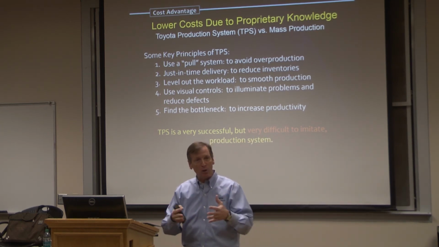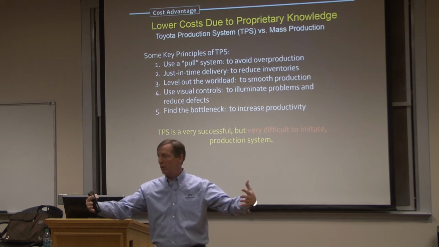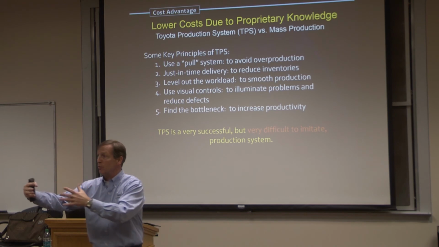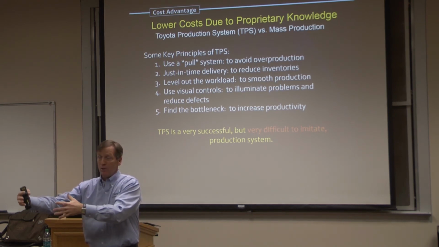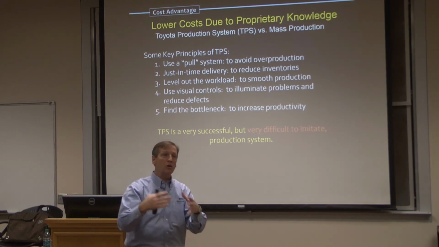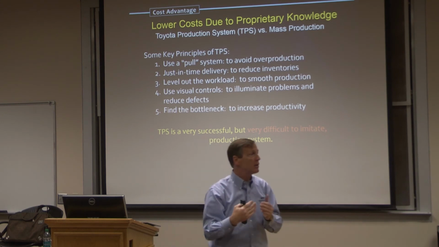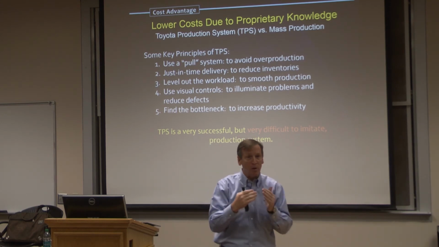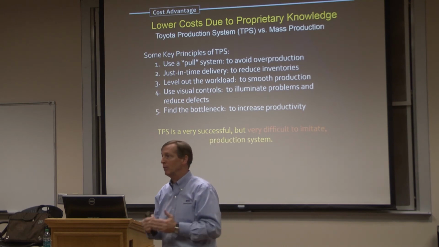It's hard to have somebody who understands how the whole thing works and be able to put it together and make it work and get it to work with your suppliers as well. So the more you can learn something that's valuable and keep it proprietary, the better off you are. So you don't want others to know how you do it.